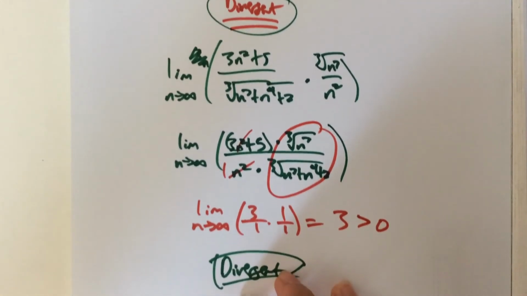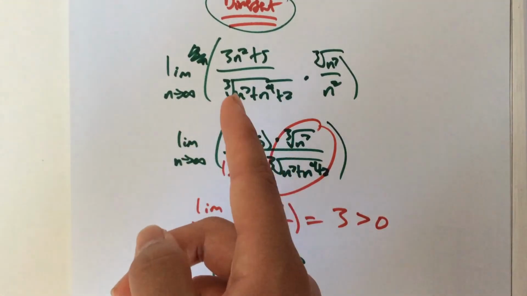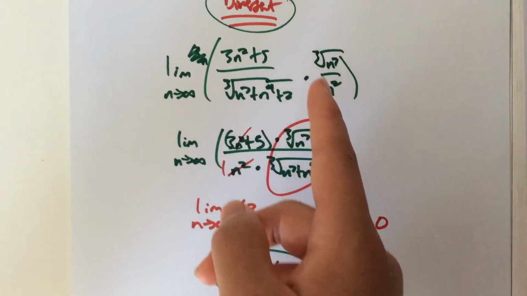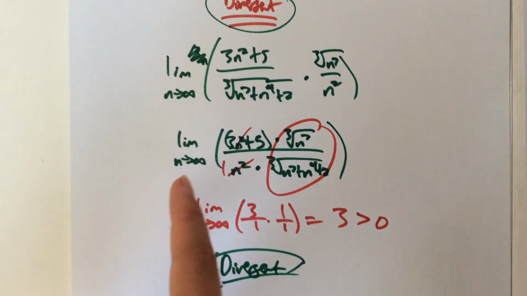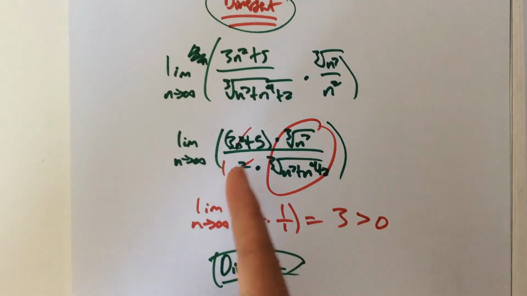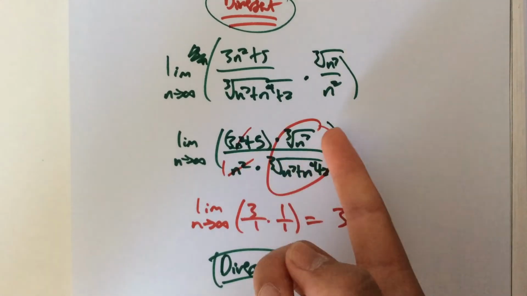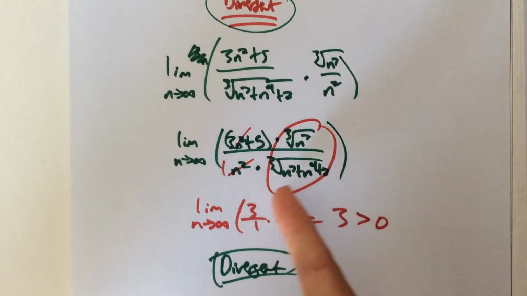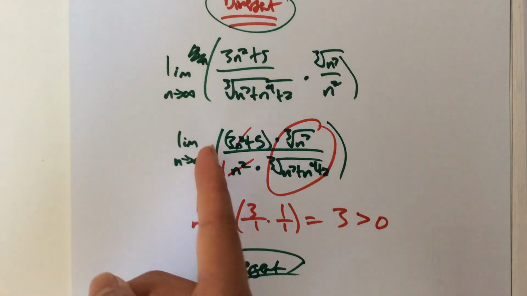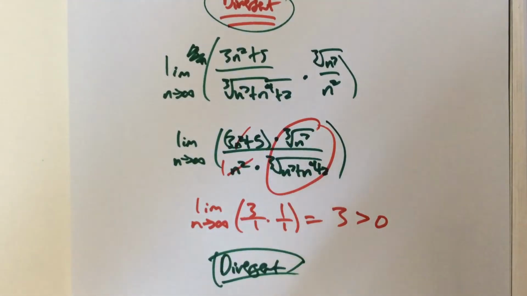So using the limit comparison test, if we do the limit as n goes to infinity of the original series divided by b sub n, it would be equal to 3. Because over here, n squared over n squared would cancel, and then the third root of n to the 7th would cancel with the bottom too. So then you're just left with 3 over 1 times 1 over 1.